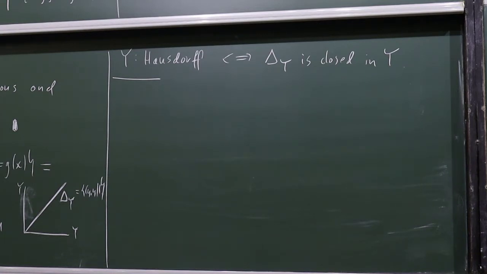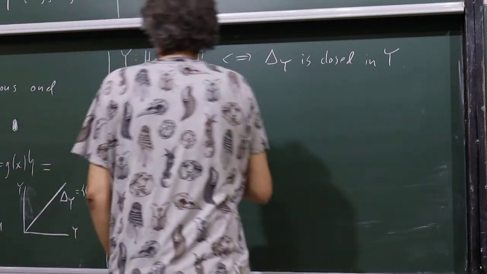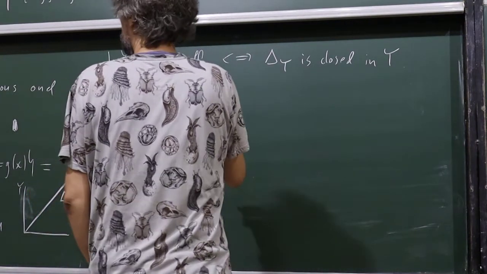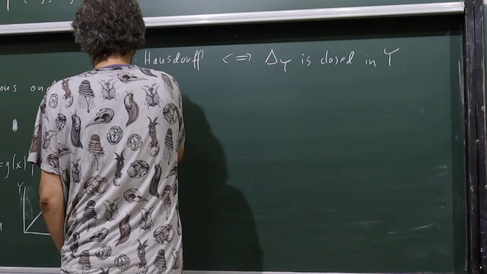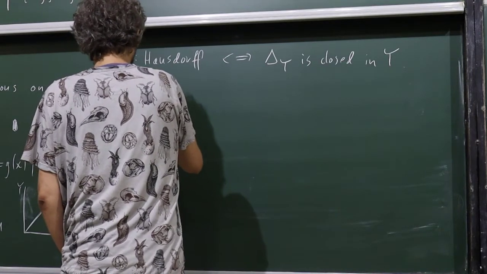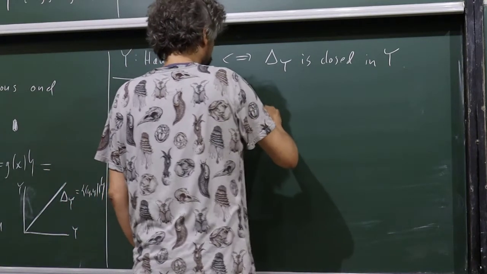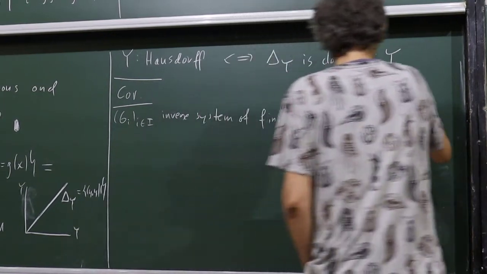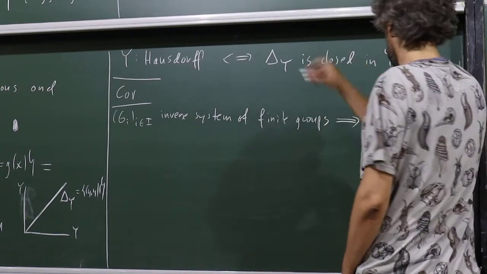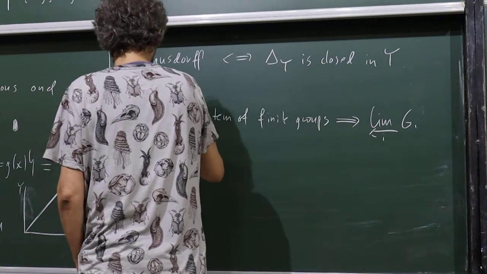Okay, so now we know everything. Corollary: if G_i is an inverse system of finite groups, then the inverse limit has this natural topological structure, and is a compact topological space.